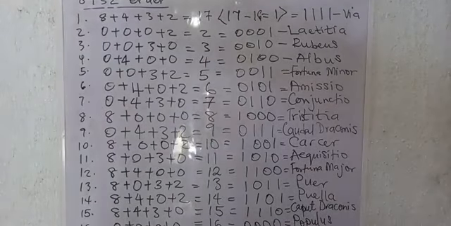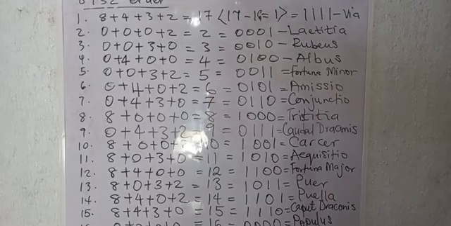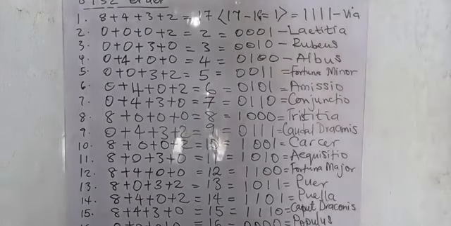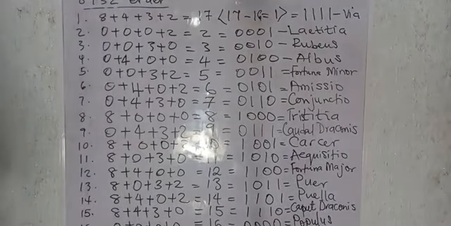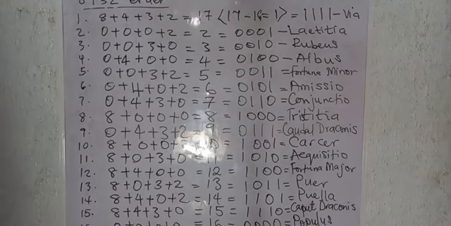So this is 8432 order. Now a quick one. Let's go to another order. We are done with 8432 order.